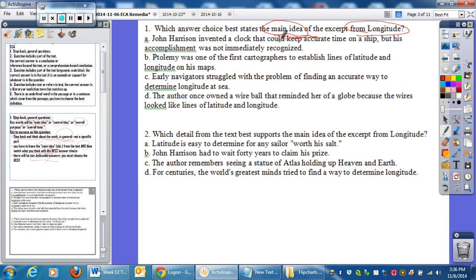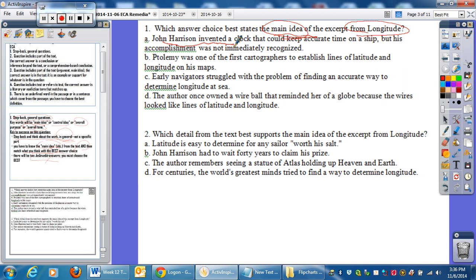Now, main idea tells me automatically that the question isn't about a specific thing inside of the essay that we read. It means that you have to step back and go, okay, I read that whole thing. What is that essay about in general? What messes up students is they'll look and go, well, this happened in the story, so it must be true. No, that's not the case. That is not why you should answer that.